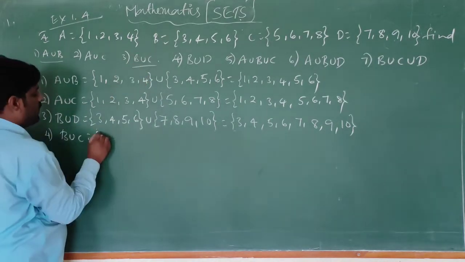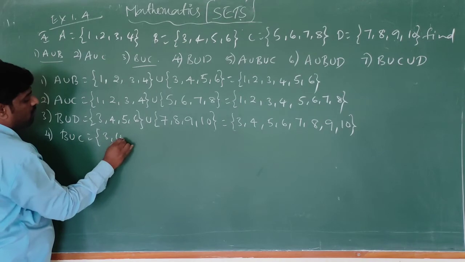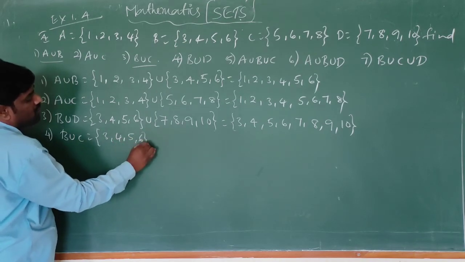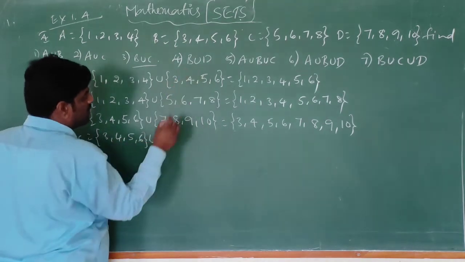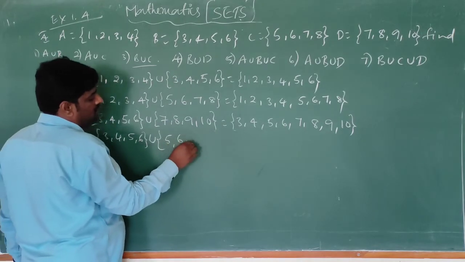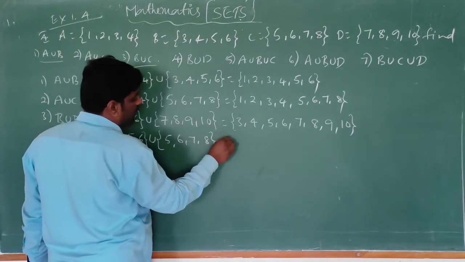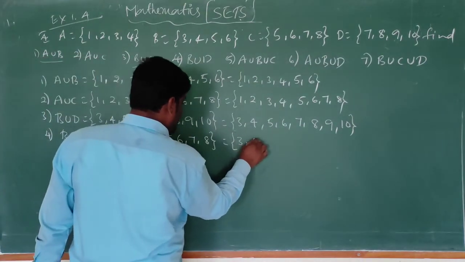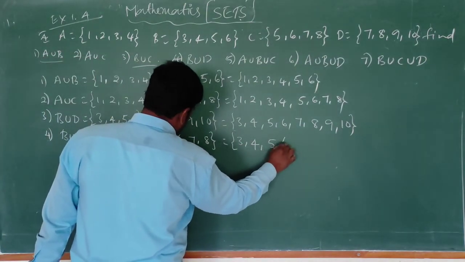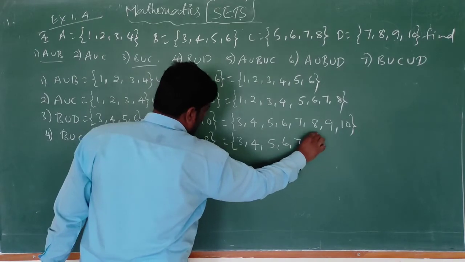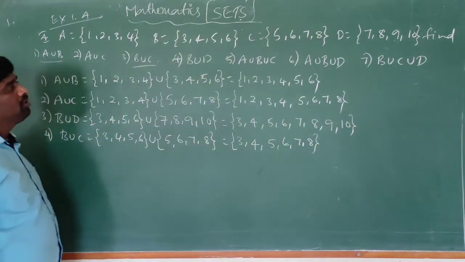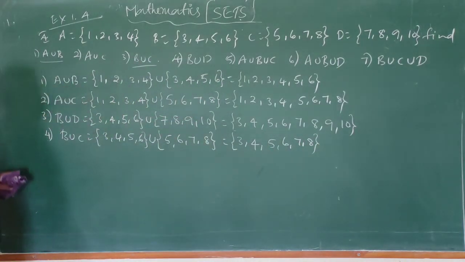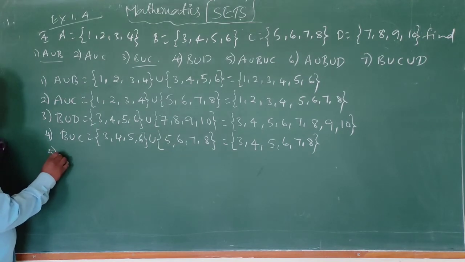So B is 3, 4, 5, 6, union C is 5, 6, 7, 8. So that is 3, 4, 5, 6, 7, 8.